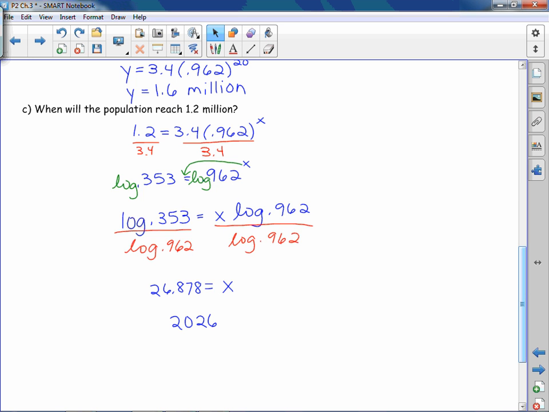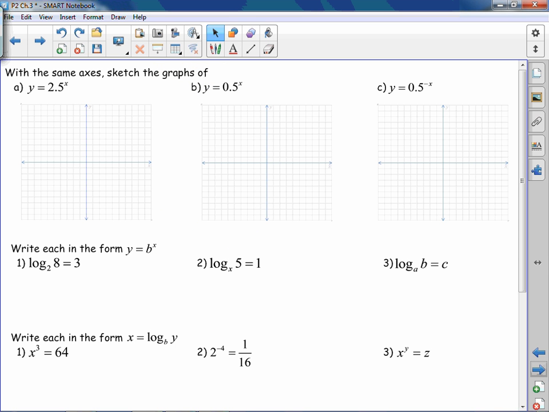Let's do the easy stuff now. Well, the word problems. Okay, with the same axes, sketch the graph. There's not much to these. I only require 1 point on it, but you're welcome to put as many points on it as you want.